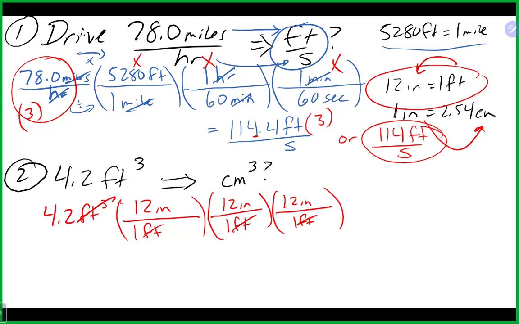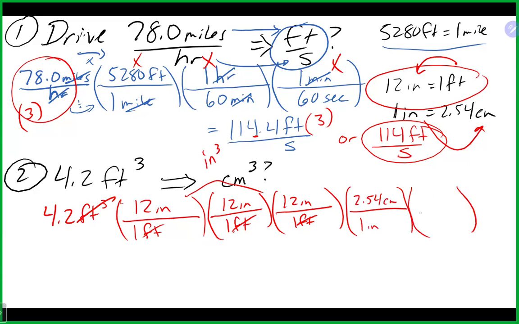By the way, what we're left with up on top is, at this point, cubic inches, right? Which means we can now use our inch to centimeter conversion. We also technically have to do it 3 times. And again, we're going to go inches on the bottom. 1 inch is 2.54 centimeters.